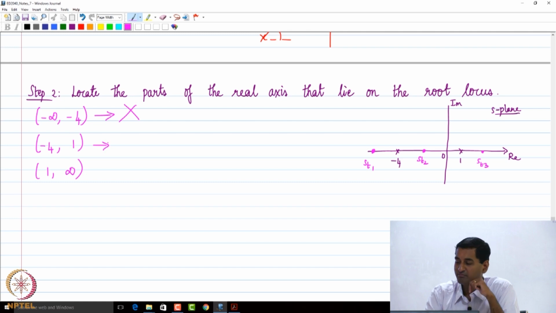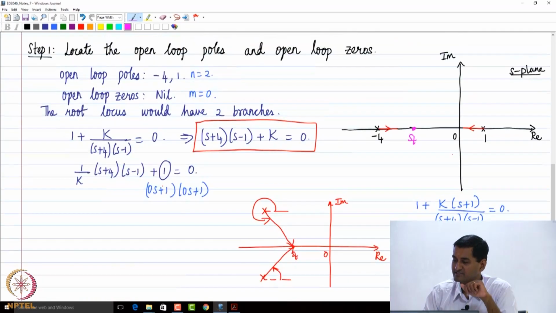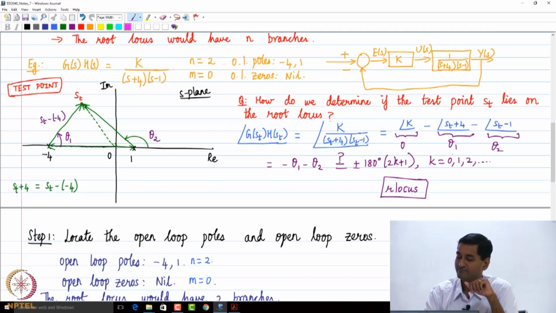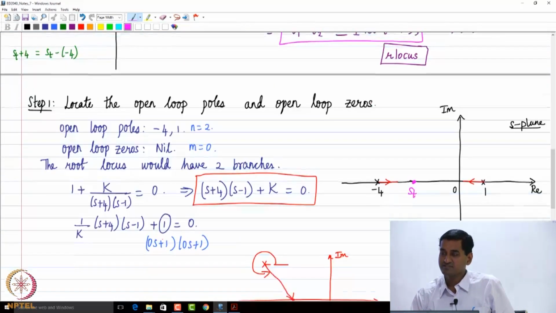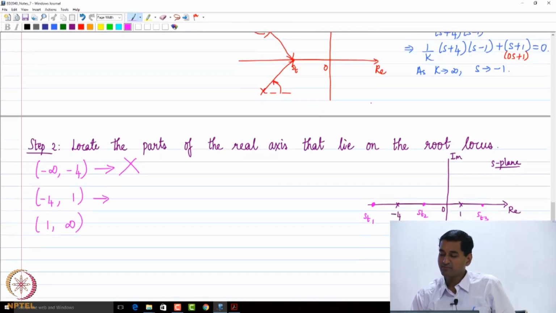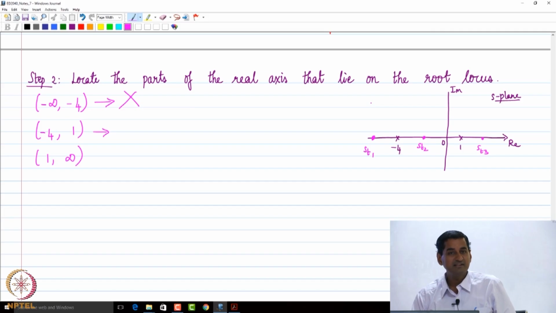What about -4 to +1? See what I am using in my arguments? This diagram which we drew, right? This condition. We are evaluating this question, right? So for a test point which is between -4 and 1, is the angle condition satisfied?